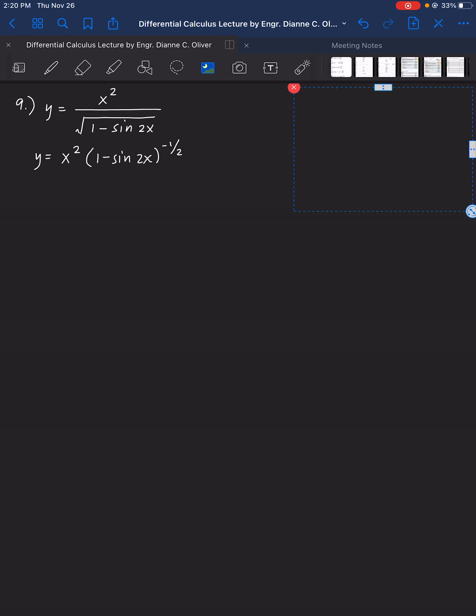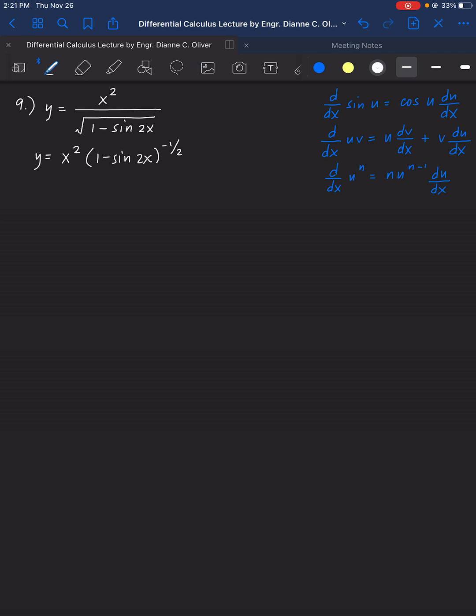Now our pattern for this, we will be using these 3 patterns. First one here is the derivative of sine u is equal to cosine u du dx, or derivative of u. Next, derivative of the product. So we are seeing here derivative of product because of the presence of u here and v.